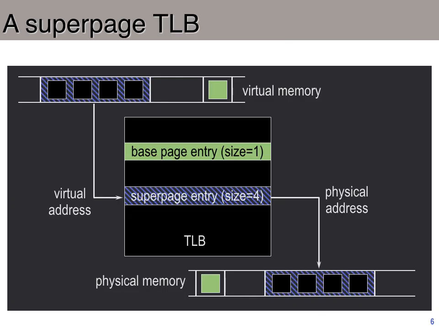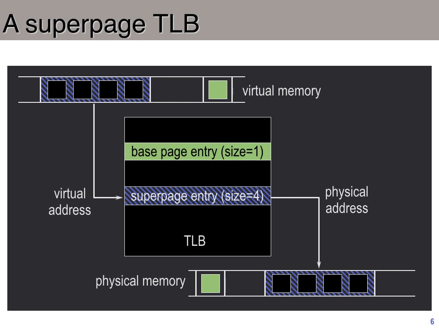So this picture shows how a single TLB entry can translate a super page from virtual to physical addresses. Here the green page is a base page of, say, 4 kilobytes, and in the TLB there will be one entry that translates the base page into its corresponding physical address.